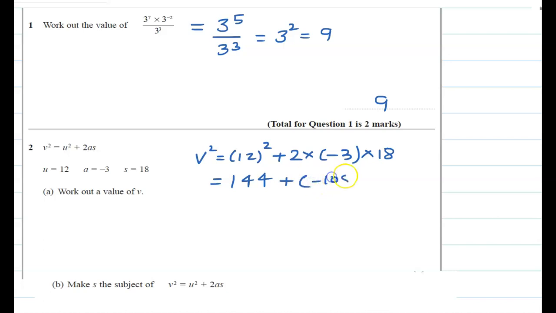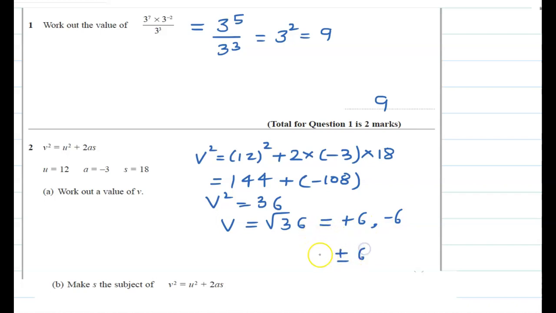So 144 take away 108 is v square equals 36, and v equals the square root of 36. The square root of 36 is plus 6 and minus 6, so you can write down plus or minus 6.